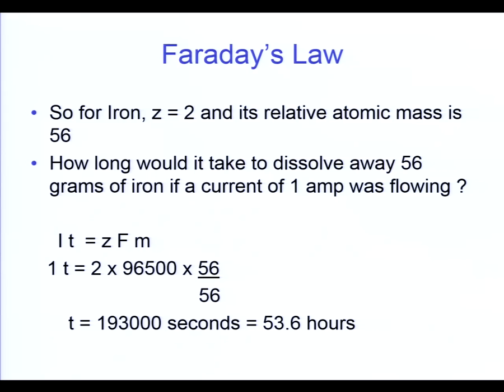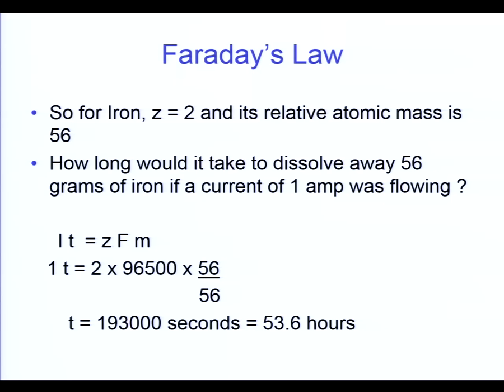So you have to go back to your periodic table of the elements to get the relative atomic masses, what used to be called the atomic weight for a particular element. For steel, which is predominantly made of iron, we can use the value 56, but zinc in a galvanic couple obviously has a different value and so on. So you'd look up the value on any periodic table that gives you the relative atomic mass.